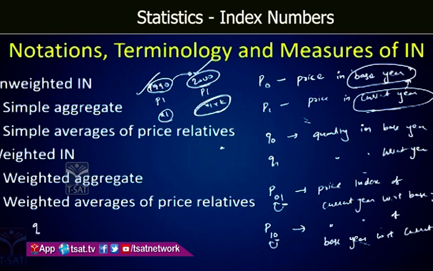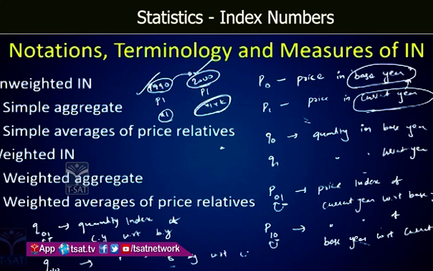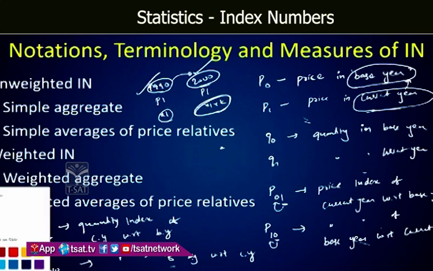The same way, Q01 is the quantity index of current year with respect to base year. Alage Q10 is the quantity index of base year with respect to current year. The notation is very important. So 01, 10, 01, 10. Okay.